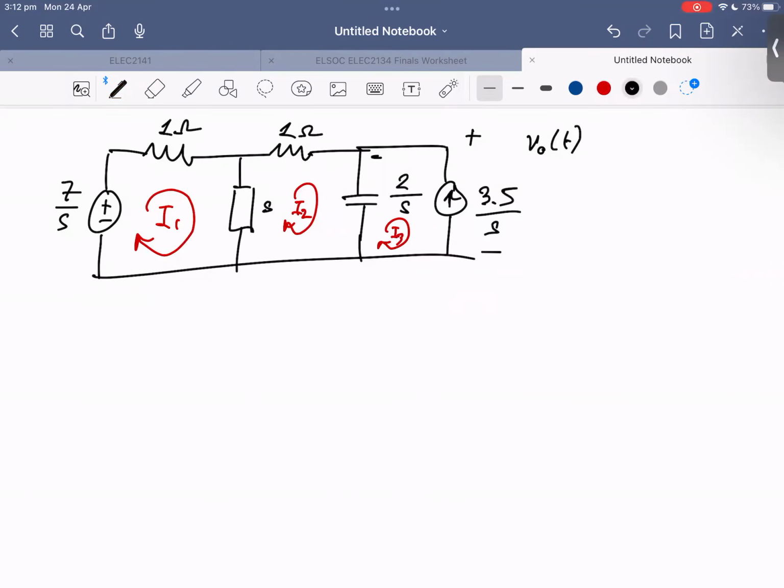My mesh 1 equation will be -7/s plus 1 ohm times I1 plus s times (I1 minus I2) equals 0.